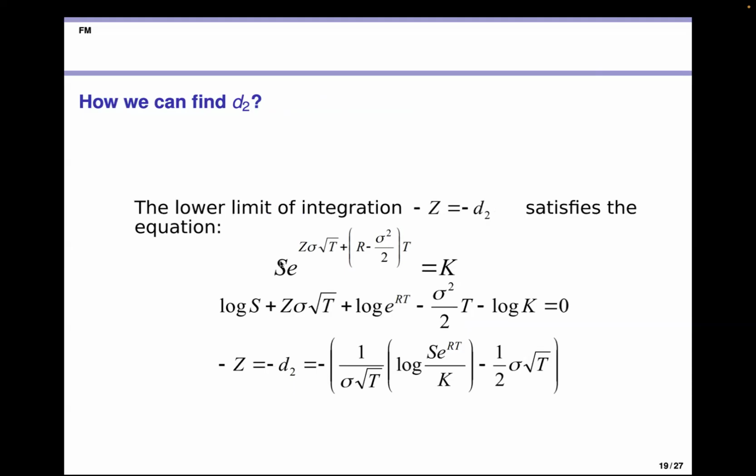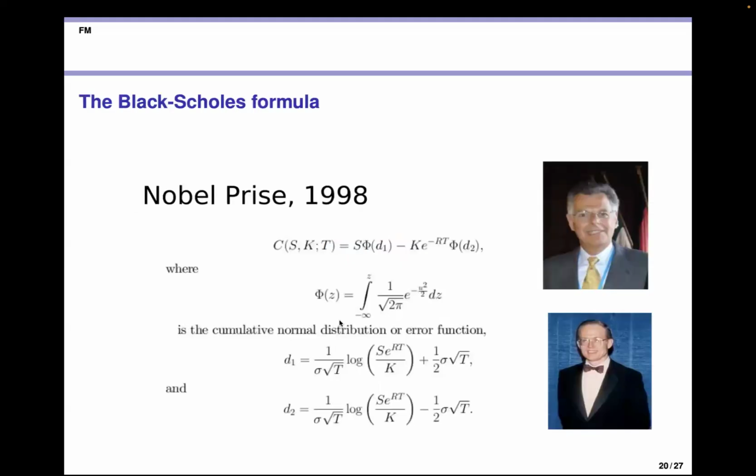So for this we need to solve the equation where S_T equals k, and after that we can get this value for z, which equals d2. We can take a logarithm, and from this find z, d2, and exactly so we obtained the celebrated Black-Scholes formula for the fair price of a European call option.